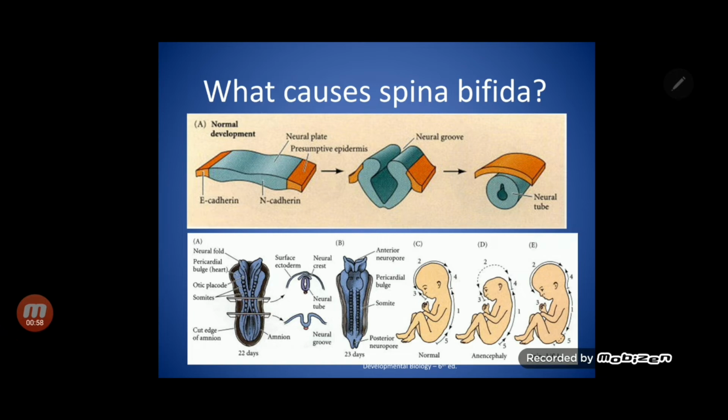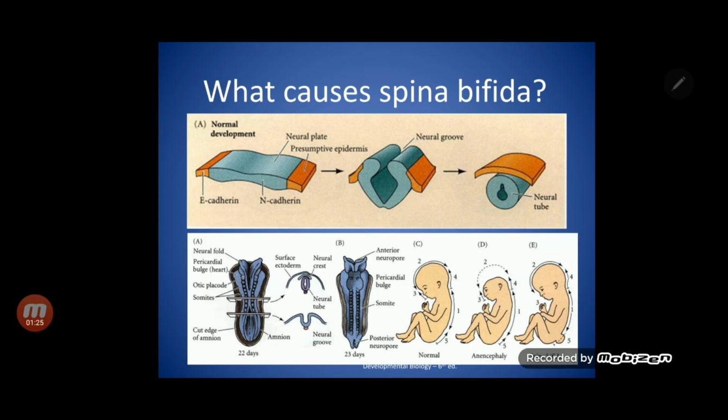Early in development, the edges of the plate begin to curl up towards each other, creating the neural tube, which is a narrow sheath that closes to form the brain and the spinal cord of an embryo. As development progresses, the top of the tube becomes the brain and the remainder becomes the spinal cord. This process is usually completed by the 28th day of pregnancy.